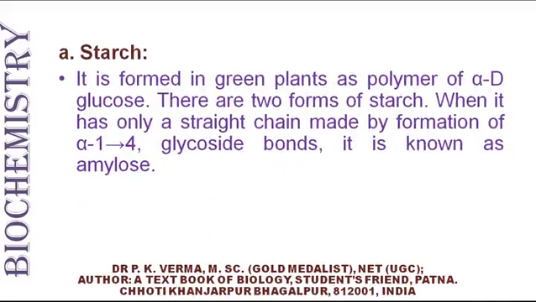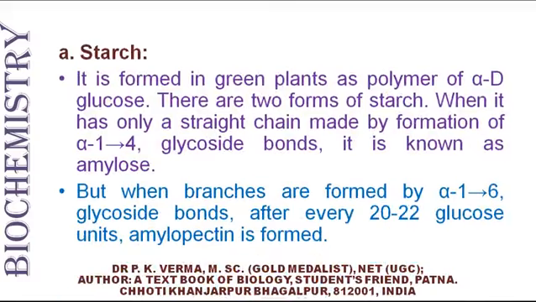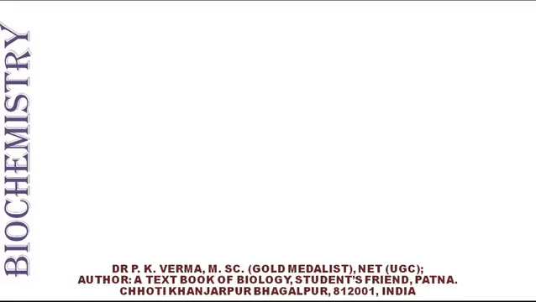There are two forms of starch. When it has only a straight chain made by formation of 1,4 glycoside bonds, it is amylose. But when branches are formed by formation of alpha-1,6 glycoside linkage, after every 20 or 22 glucose units, amylopectin is formed.